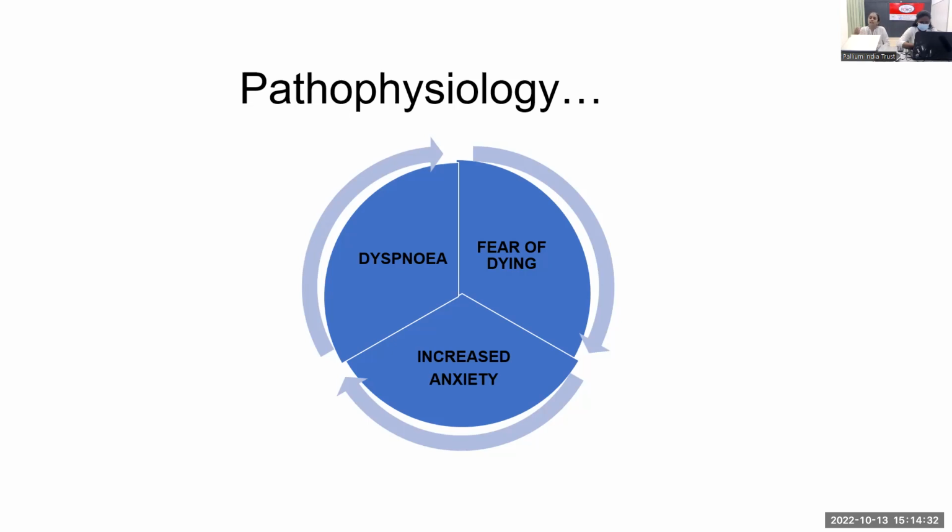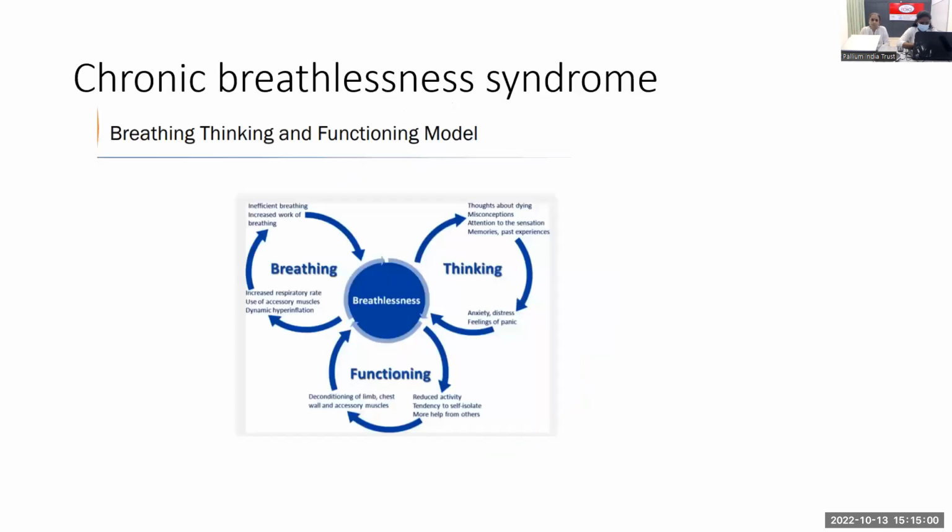So when someone has an illness which is incurable or progressed to an advanced stage, when they are breathless, they feel anxious. When they are anxious, they become more breathless. When they become more breathless, they think that they're going to die, which makes them more anxious. So it is like a cycle. You understand? So it's very important to break the cycle, to reduce the fear of dying, to reduce the anxiety, and to reduce the feeling of breathlessness.